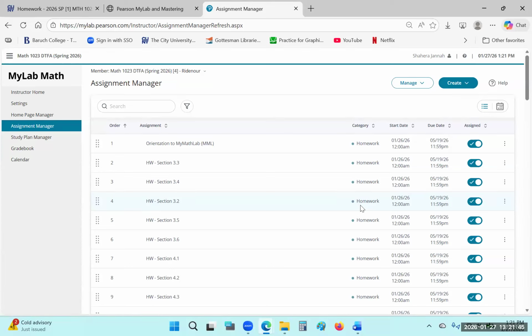And I am not going to extend them, so you definitely should do them before the deadline. And even if I do extend them, you will be penalized, because the department set this up so that if you do anything after the due date, you lose 10% of your entire MyMathLab grade.